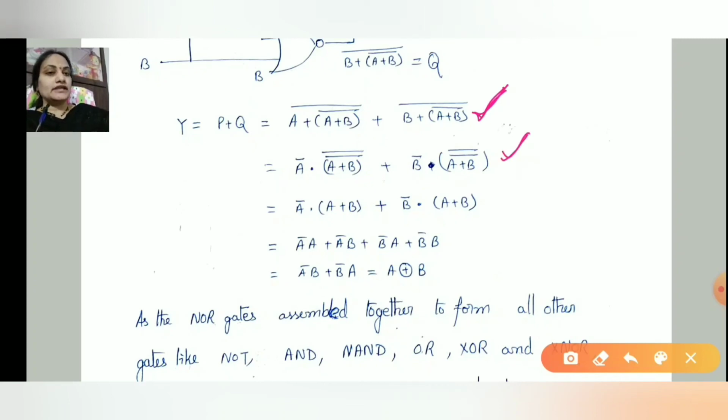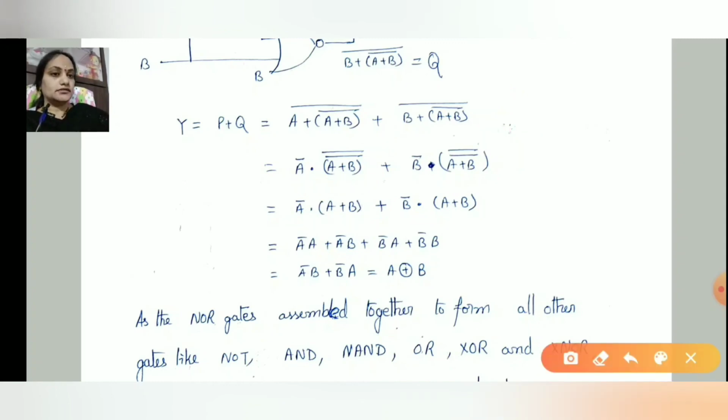Again, in the first term you can find two complements. Two complements means you can delete two lines from there. Again here also you can find two complements. That means you can avoid the two bars. That's why we got the expression like this and like this.